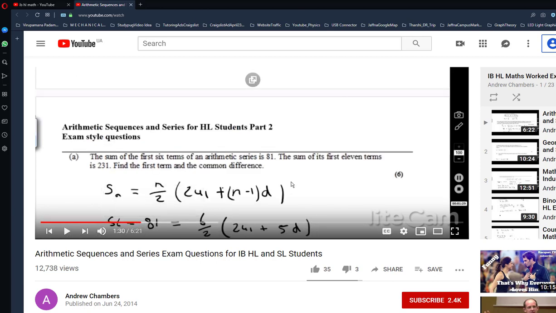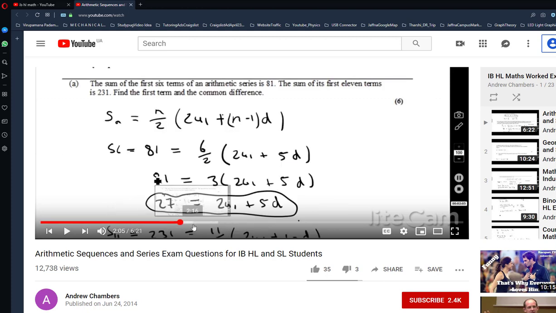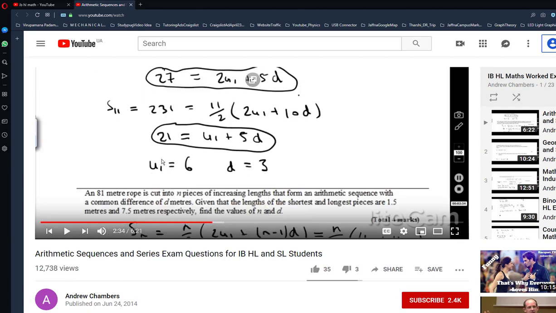Alright, here you go. Find the first term and common difference. Okay, that's the problem I have here. I don't want to spend my whole time here, and hopefully I got the right answer. Okay, first term is 6 and the common difference is 3. Alright, I'm going to go to the next problem.